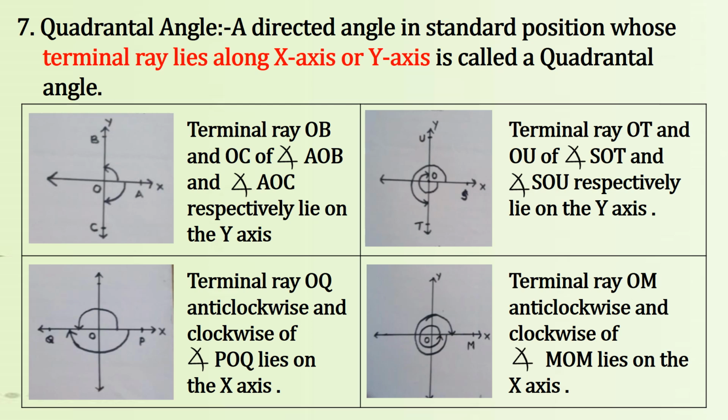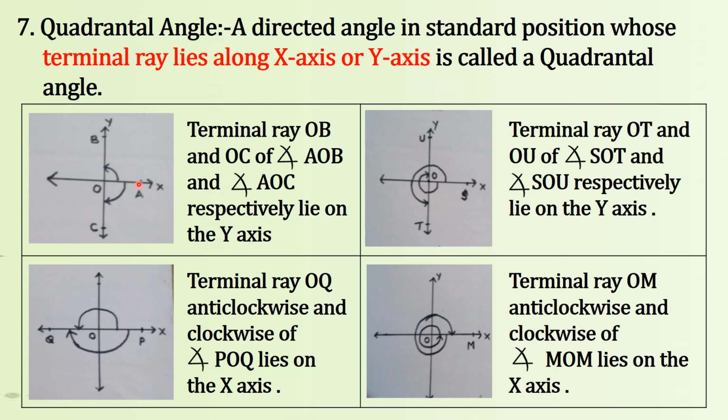Next one is quadrantal angle. A directed angle in standard position whose terminal ray lies along x-axis or y-axis is called a quadrantal angle. So look at the diagrams. Here in this case, angle AOB and angle AOC. In both the cases we have taken positive direction as well as negative direction.